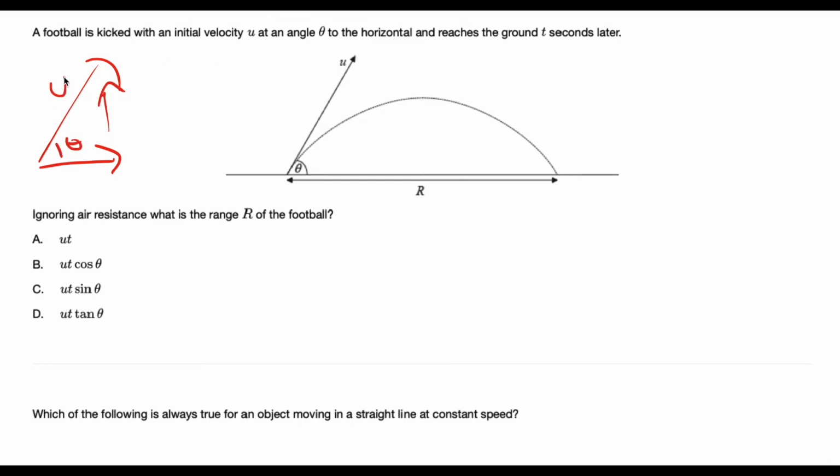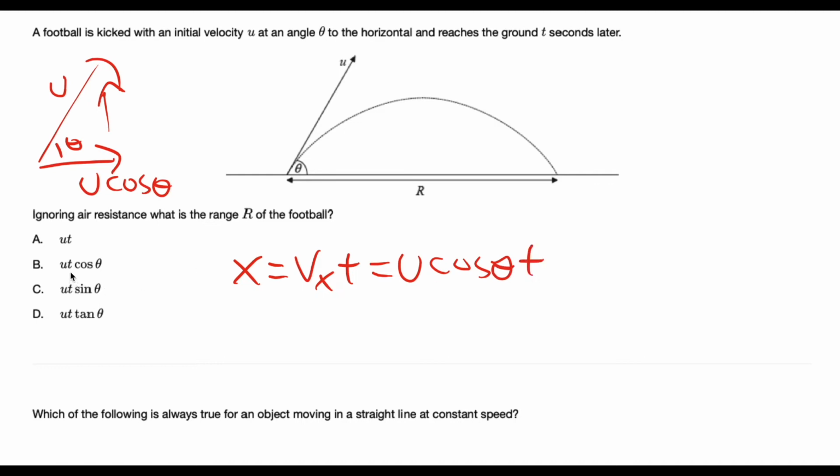If this is the initial velocity, then the initial horizontal velocity is going to be equal to u cosine theta. To calculate the displacement or range of the football, we only need the horizontal velocity times the change in time. So it's going to be equal to u cosine theta times t. So the answer will be B.